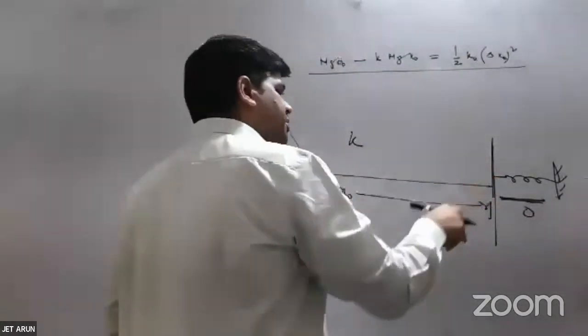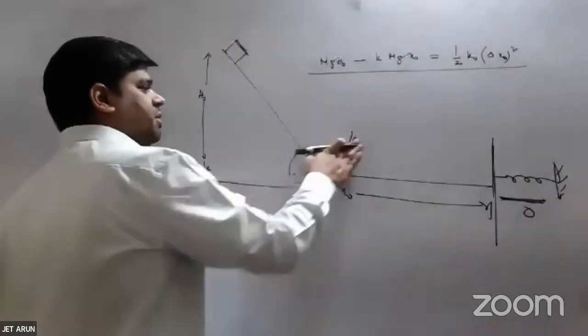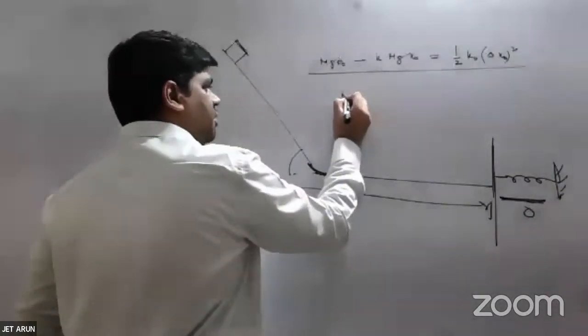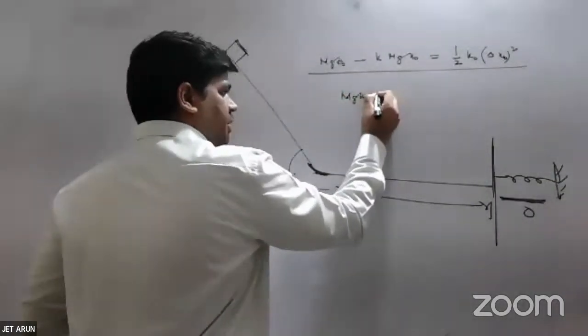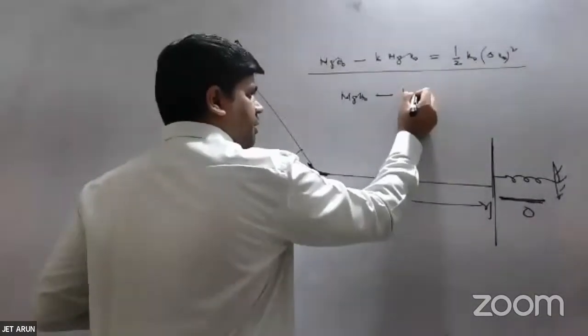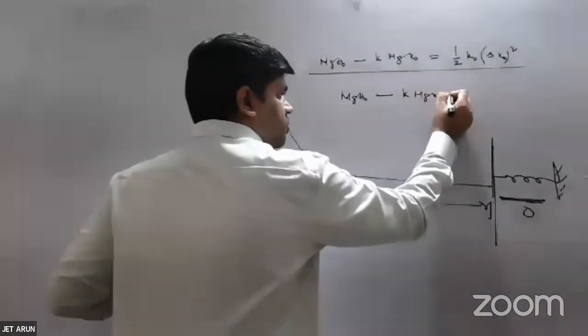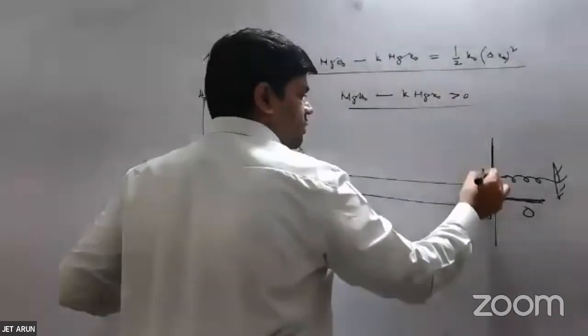But for the spring to get compressed, what should be the condition? mgh naught minus the loss, minus mu mgh naught, should be greater than 0. Only then I'll have some energy over here.